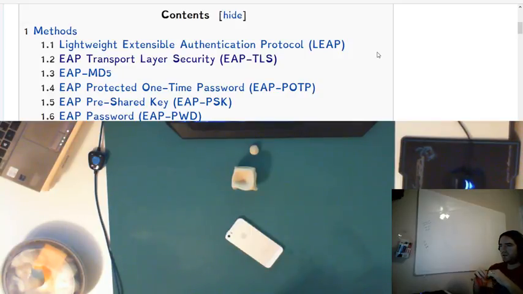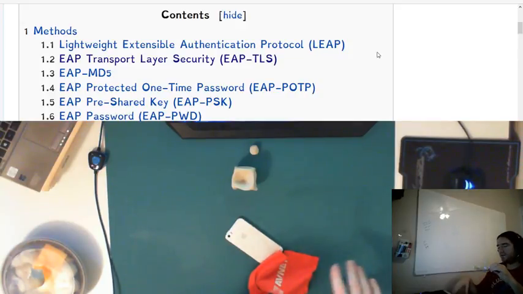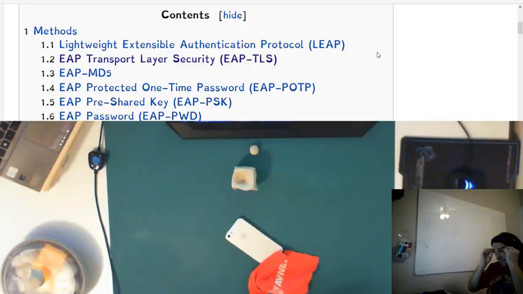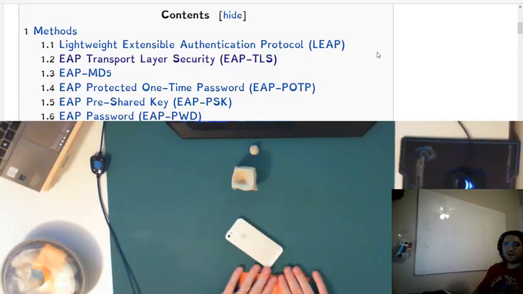Pre-shared key is a password, a simple password, and each password is similar to a pre-shared key. Tunneled Transport Layer Security, TTLS, creates a secure tunnel with certificates to pass authentication. And now Internet Key Exchange v2 is passing. I don't know what v2 is. I don't know. So I got there. There's 14 to go.